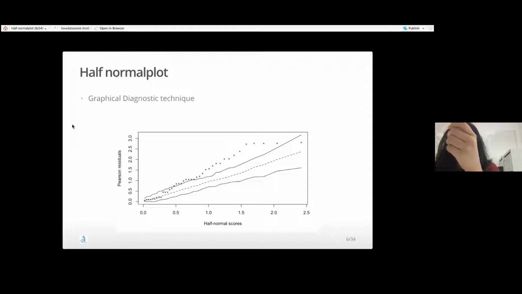The residual points are the small crosses, and there's a simulation envelope around them. If the residual points fall inside the envelope, the model explains the data very well. But here the model considered is Poisson, and the residual points are outside the envelope. That means the model is not suitable for this particular data.